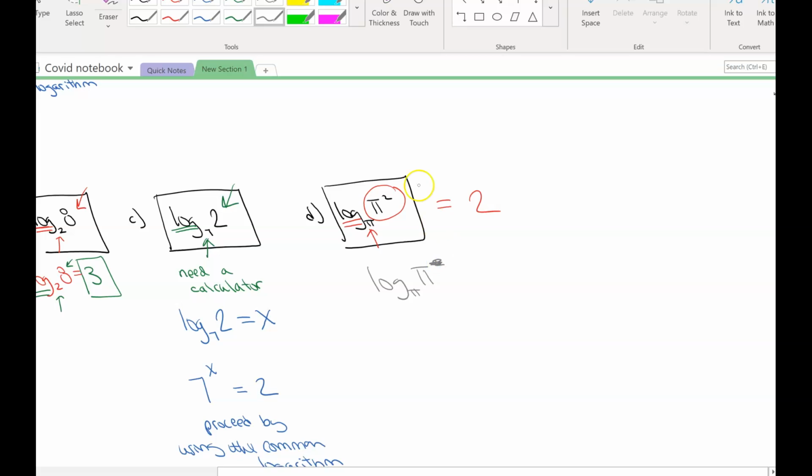This is a power, right? This can be rewritten as 2 times log base pi of pi. But what's log base pi of pi? The power that pi is raised to give you pi is 1. So 2 times 1 equals 2. Either way, you get to the same place.